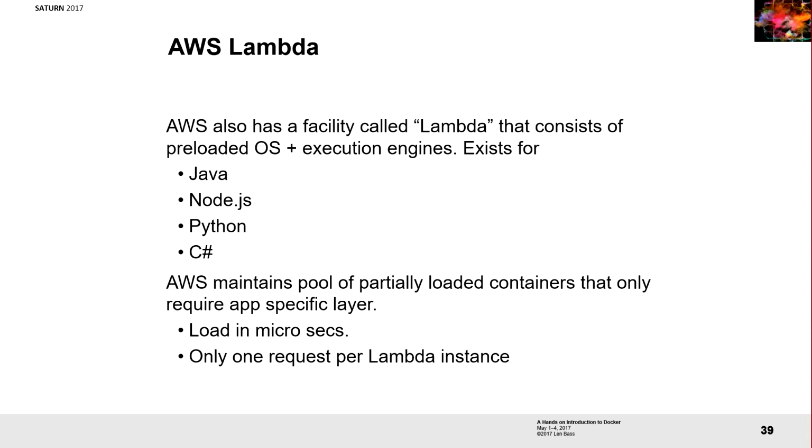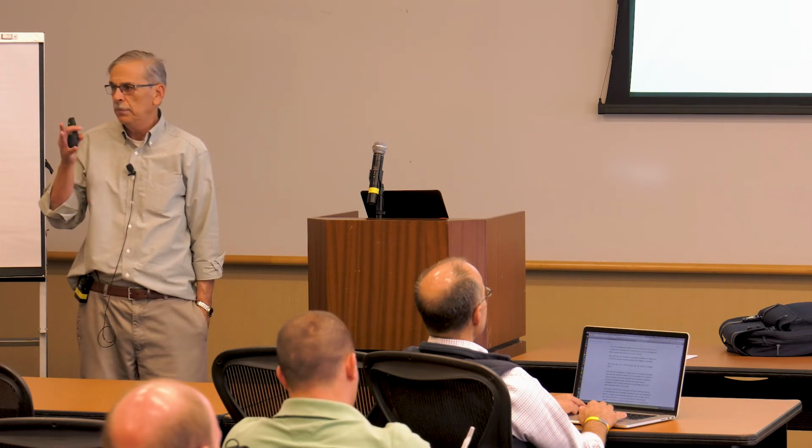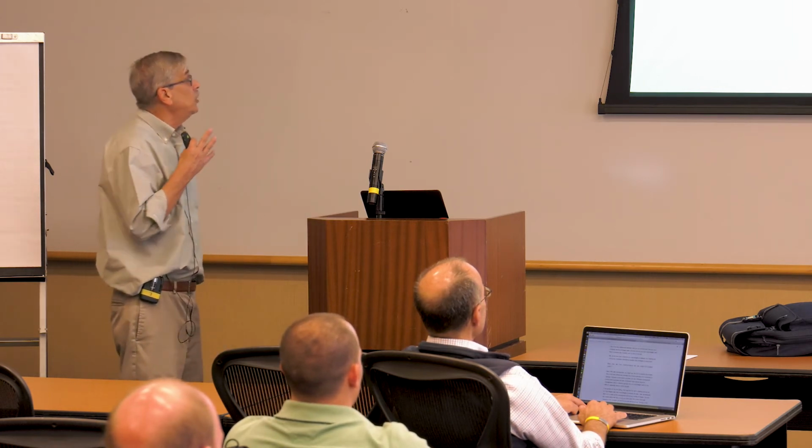Okay, and now we get back to your point, there's also something called Lambda. Let me have, as a cloud provider, as AWS, a pool of partially filled containers with standard software platforms. If I want to run Java, I have a bunch of machines with containers that contain the Java virtual machine.